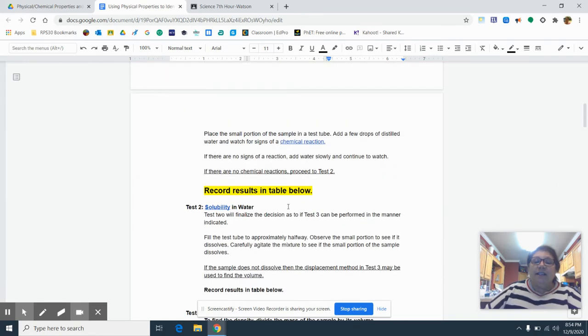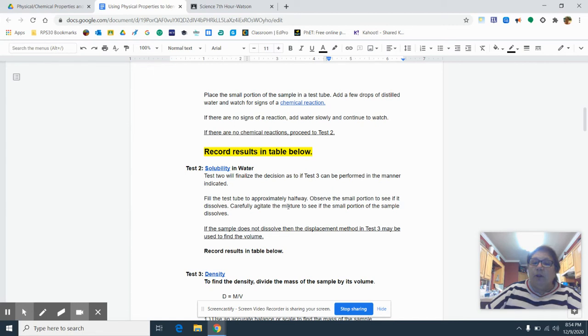Then you're going to go to the second one. Is it soluble in water? We're actually going to see, does it have some kind of a reaction or does it break apart in water? So when we talked about mixtures before, we talked about what homogeneous and heterogeneous mixtures are.